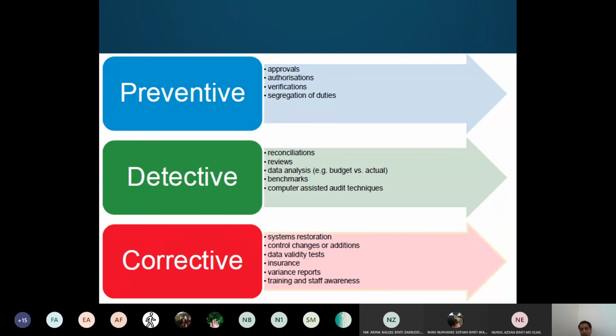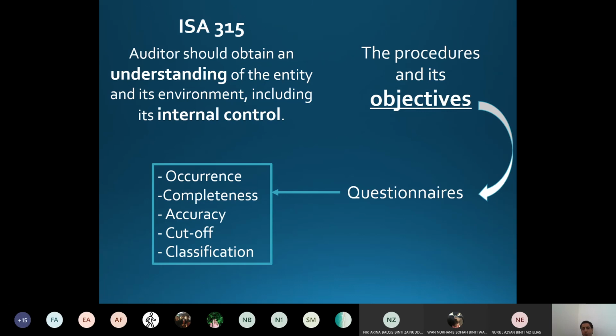Corrective activities are system resolution, control changes or additions, adding control activities, data validity tests, insurance, variance reports, training the staff, and increasing awareness, just to ensure that they have the right controls. Normally the corrective functions ensure that this risk will not happen again, okay?